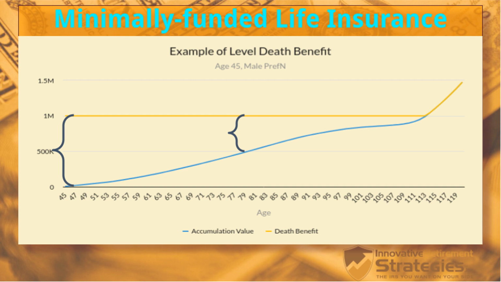And taking it one step further, if we look beyond age 113, you can see that the death benefit is getting pushed up by the growth of the cash value. And this is important to understand because you can see that you're not losing your money in any way, shape, matter, or form.